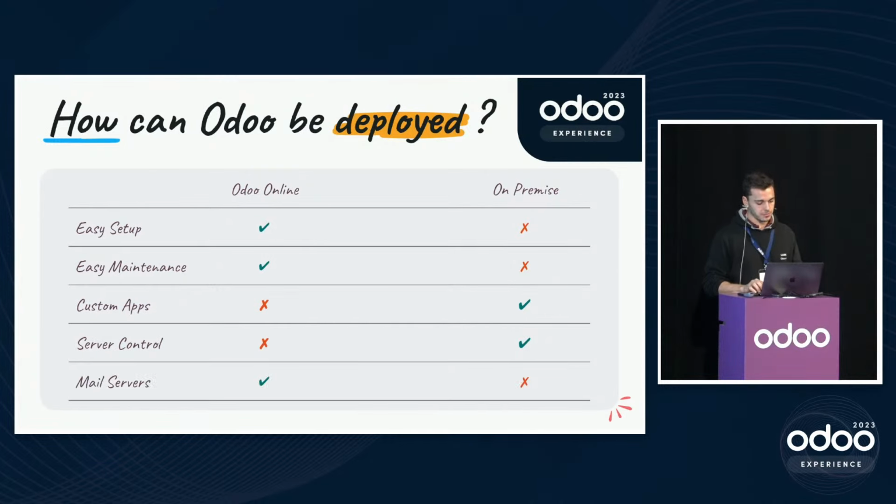And lastly, something most often forgotten is that on-premise you also have to install a mail server for your outgoing mails, which is not difficult, but it's often forgotten.